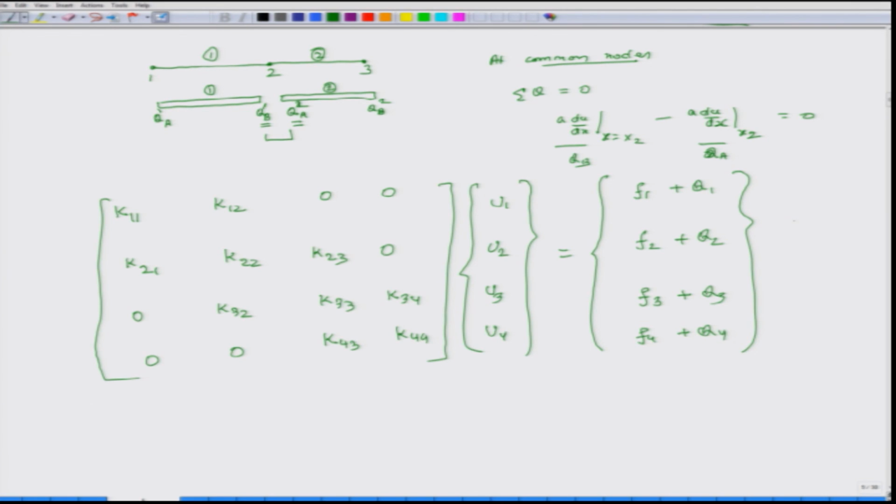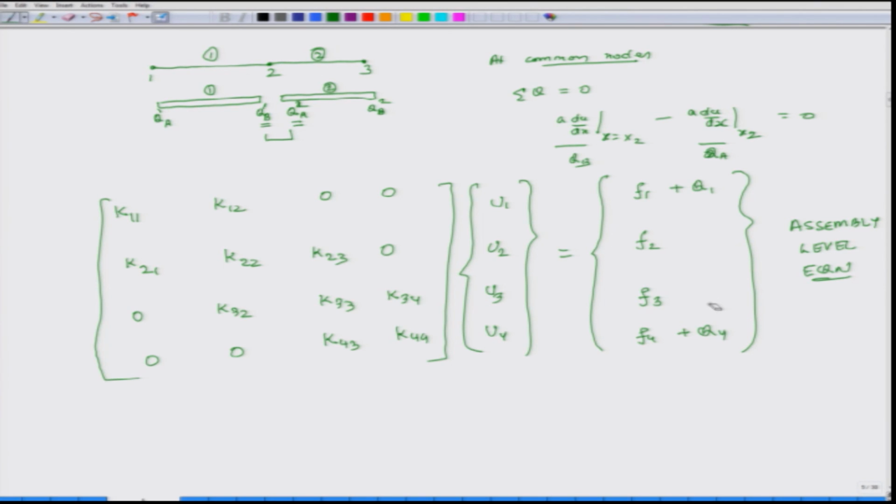So this is my assembly level equation. And I know that when I add up Q's at the interfaces, their sums are 0. So this is gone. Similarly, Q3 is gone.